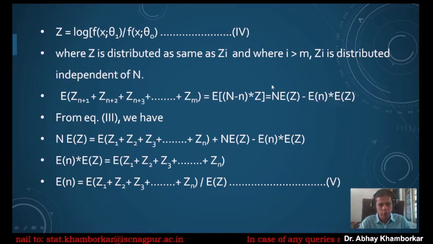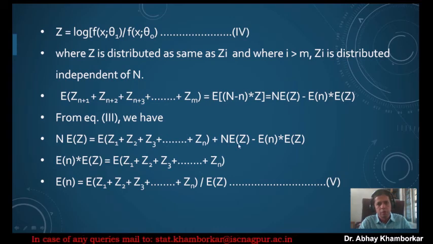So if we put this value in equation 3, then on the left hand side we have m into expectation of z, which is equal to the first bracket plus the second bracket, expectation of zn plus 1 plus zn plus 2 so on up to zm. We will replace this expectation by this particular expression.